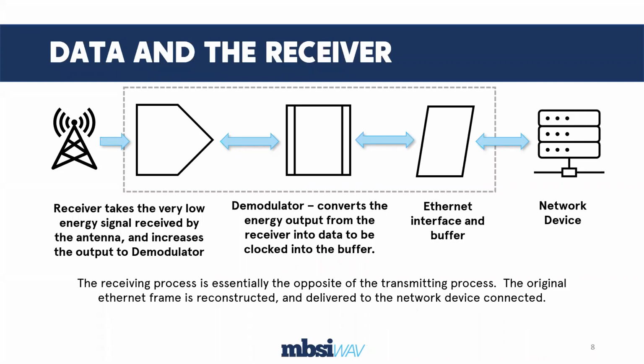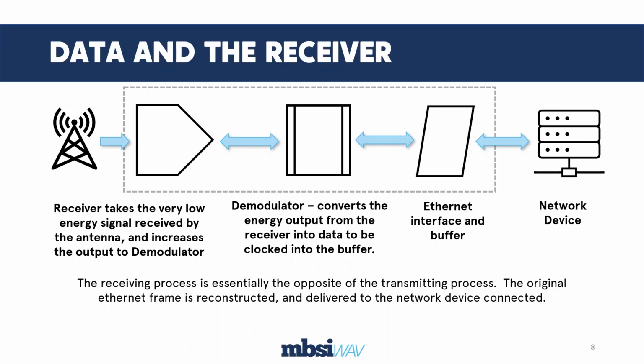We take power from the air that's being received by our antenna, and we increase the level of it so that we can demodulate it. The demodulator then converts that energy back into a form of data that we can clock out to our Ethernet interface. In our case, we form it into Ethernet frames, and we hand it off to the device that's connected to the receiver, be it a switch, a router, a computer, whatever it happens to be.